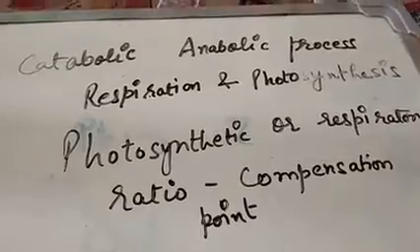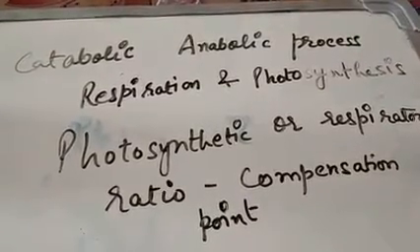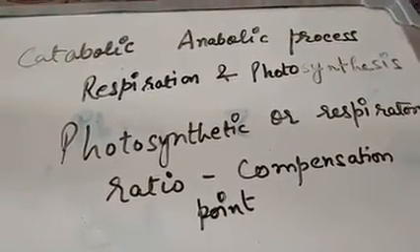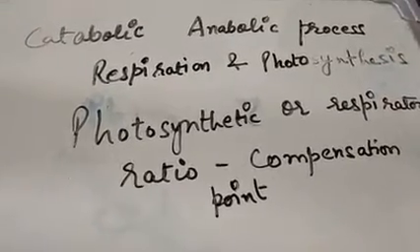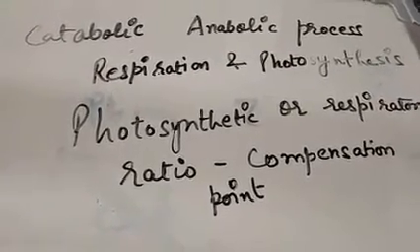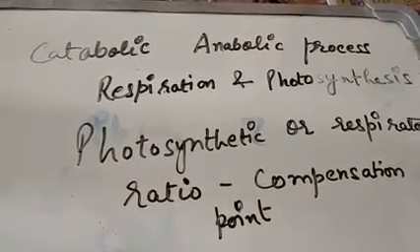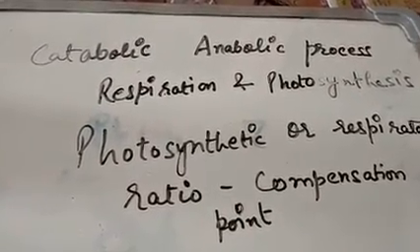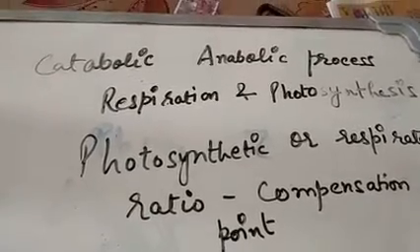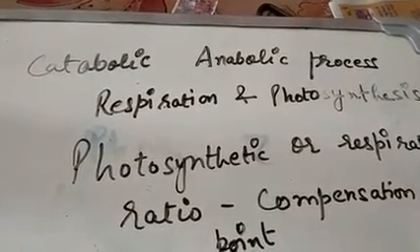Last class we discussed aerobic and anaerobic respiration, and we discussed that aerobic respiration undergoes various changes through a series of reactions which we name glycolysis, Krebs cycle, and electron transport chain.